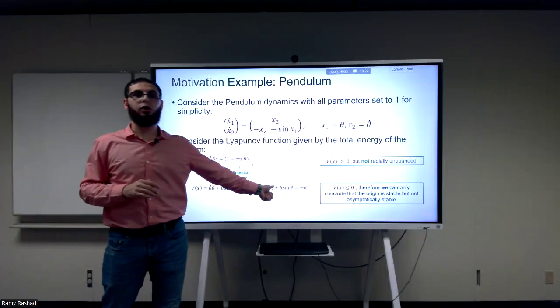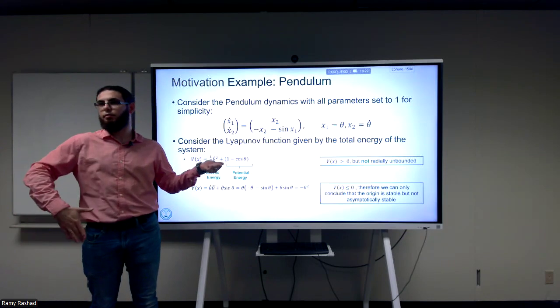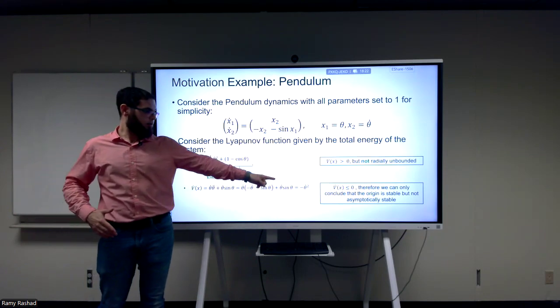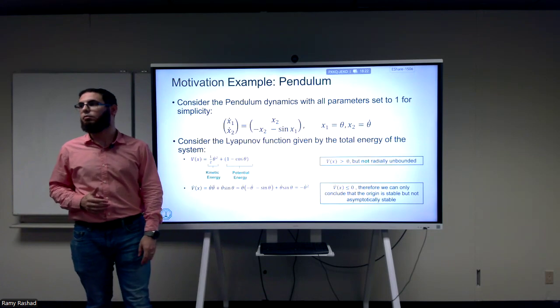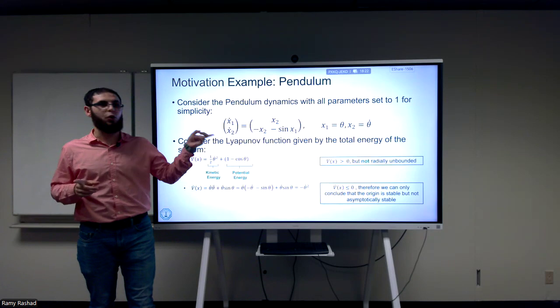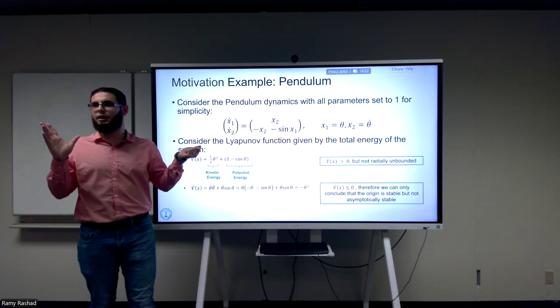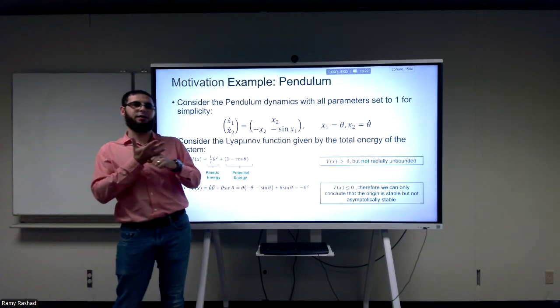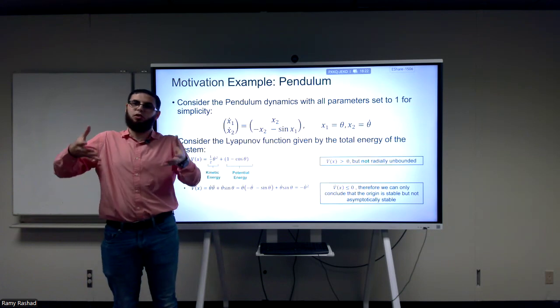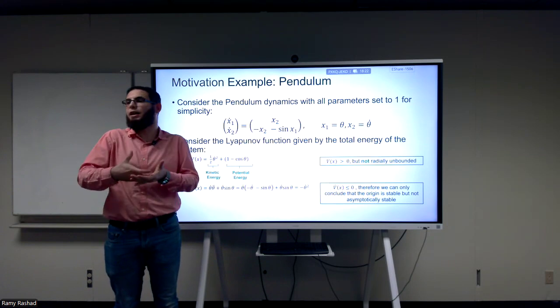So can we conclude that the downward position of the pendulum is stable? It is stable, but we cannot show with Lyapunov's direct method that it's asymptotically stable. And this is a little bit weird, right? We said that Lyapunov's indirect method is a weaker form of stability. We only do linearization.